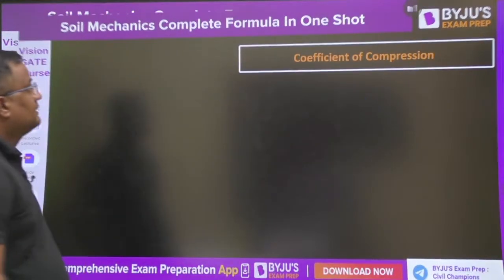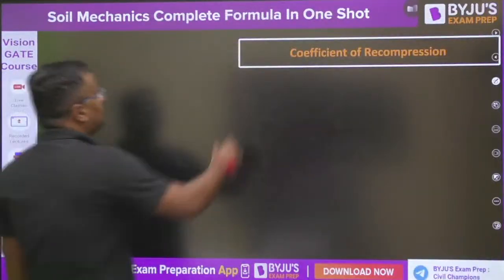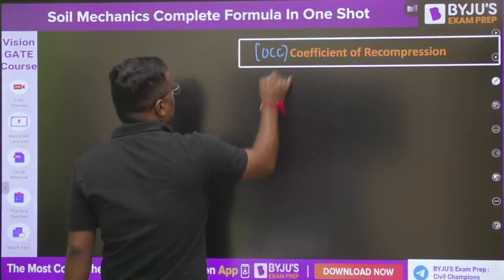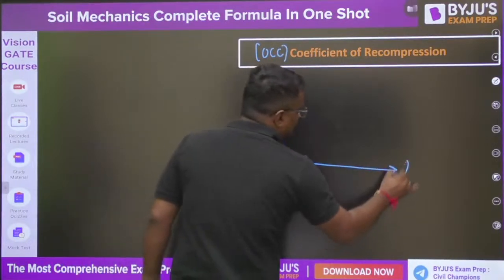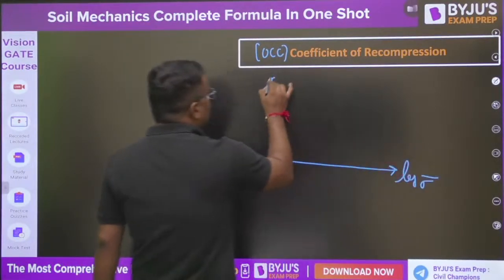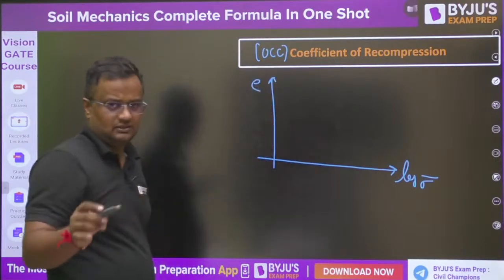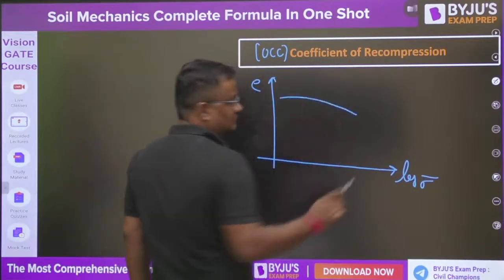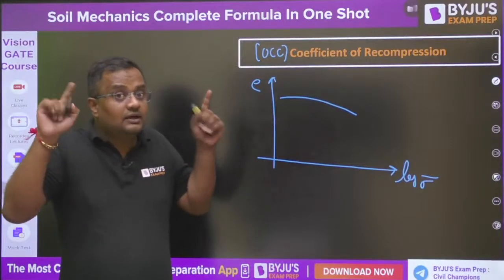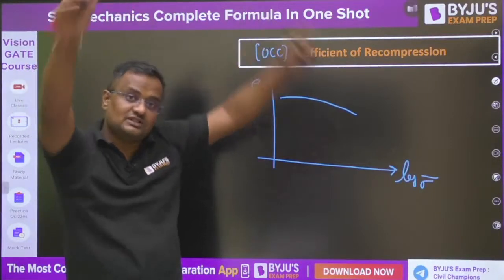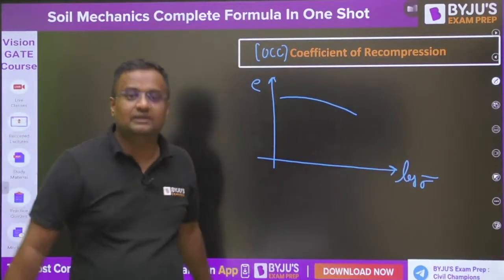Now the coefficient of recompression, guys. For OC soils, even if I make a log graph paper, it is not a straight line, it is still curved like this. Remember, in OC soil, in the past the maximum stress has already been there.